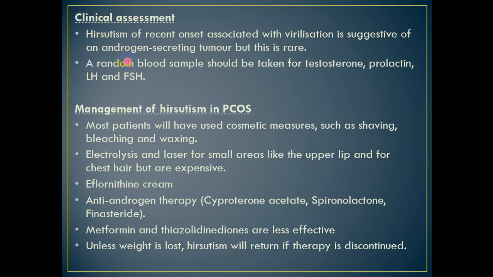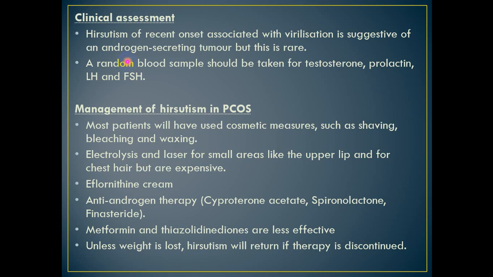They need to be remembered: deep voice, breast atrophy, clitoromegaly, and male pattern baldness. Sometimes these are associated with excessive acne vulgaris. Any hirsutism of recent onset associated with virilization usually suggests an androgen-secreting tumor, although it is rare.